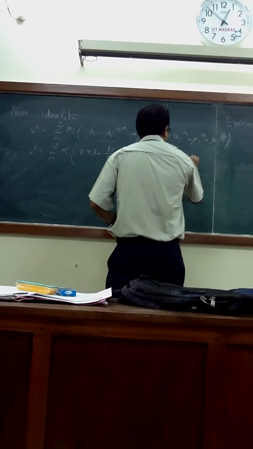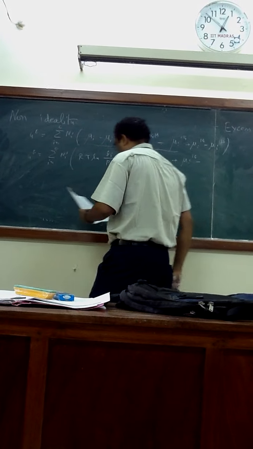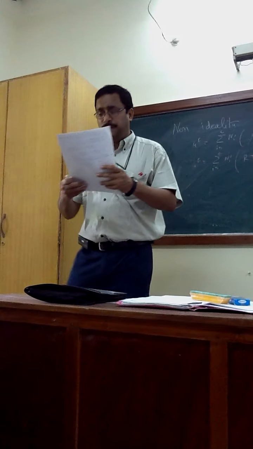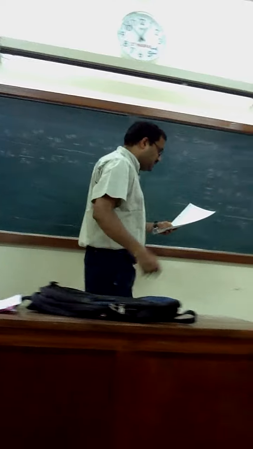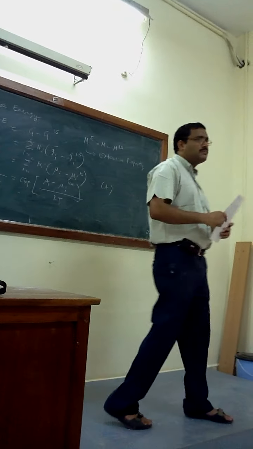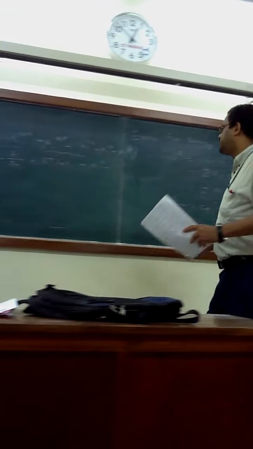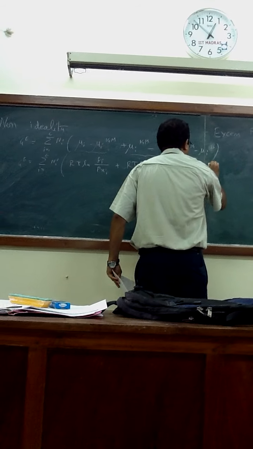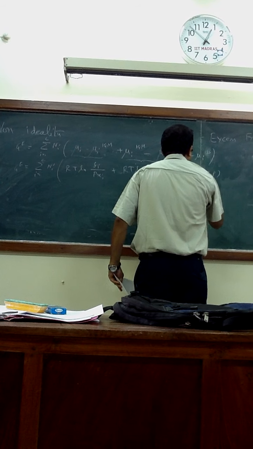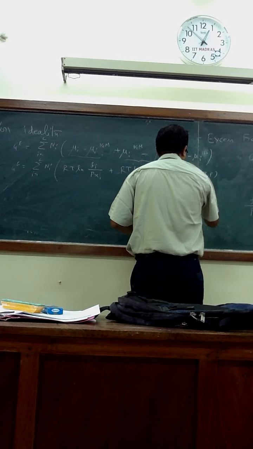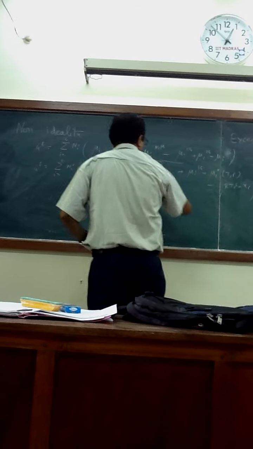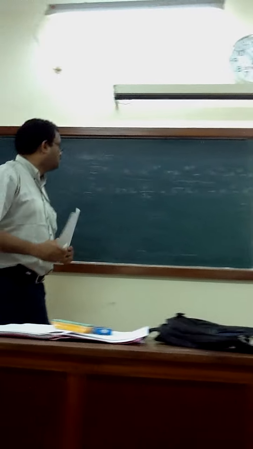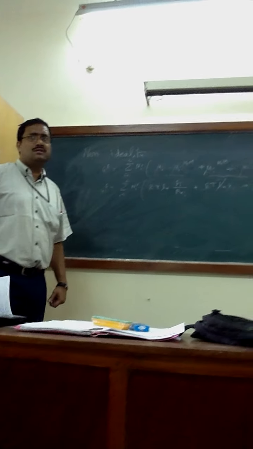Here you can say that mu i Ig and mu i s are not the same. Of course, mu i s is the ideal solution. What is mu i s? Mu i star at T, P, plus or minus, that gets cancelled, right?